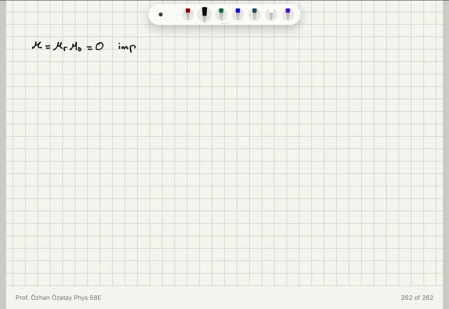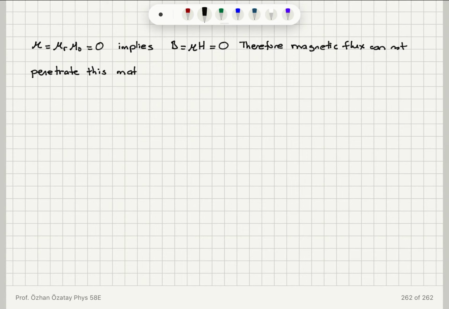This implies we have B equal to mu times H, which is 0. So magnetic flux cannot penetrate this material. We find the magnetic induction to be 0, therefore the flux inside will be 0.